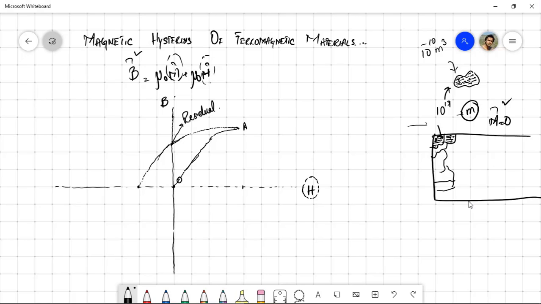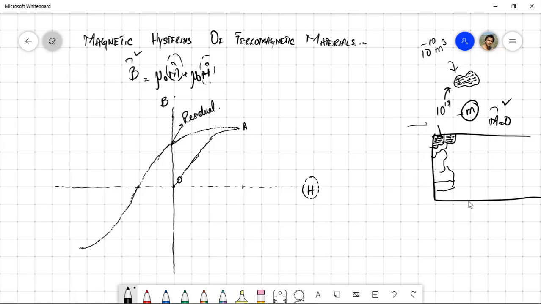So we're forcing these domains to change their direction, to change their alignment. There will come a point at which the value of B will become 0, and if we keep on increasing the value of H, this will follow the same path, and B will start to increase in that direction until it reaches the saturation point. Now the domains are once again saturated, but now they are in the opposite direction.